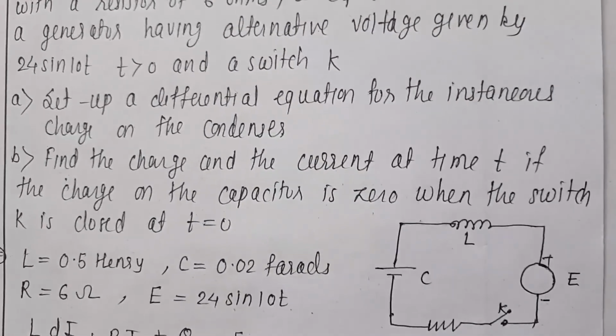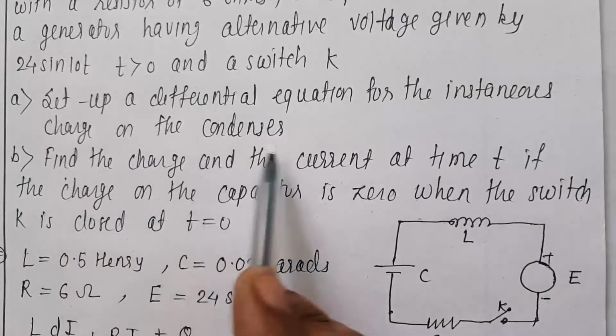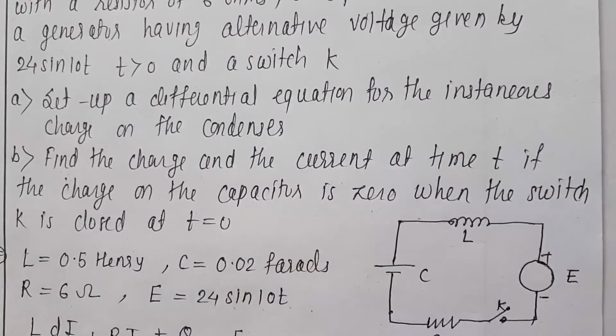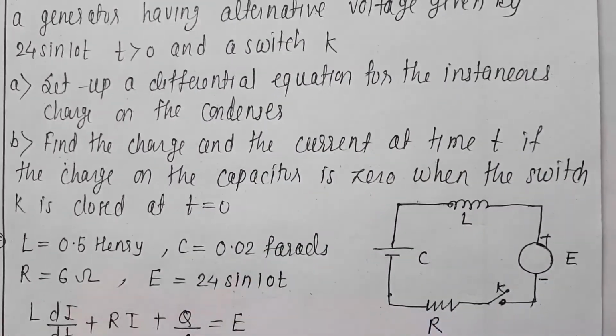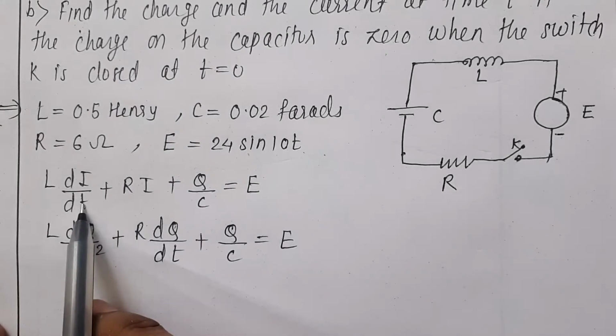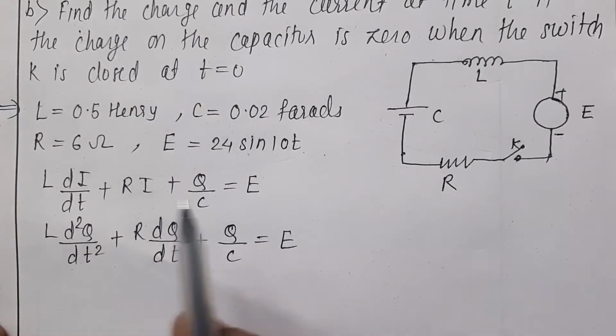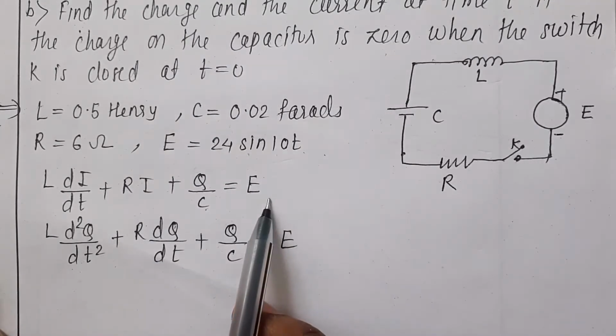Now, what we want to find out is to set up a differential equation for the instantaneous charge on the condenser. Just now we have seen the differential equation in terms of charge. It is an LCR circuit. For an LCR circuit, the differential equation is: voltage drop across inductance plus voltage drop across resistance plus voltage drop across capacitance is equal to the total applied EMF.